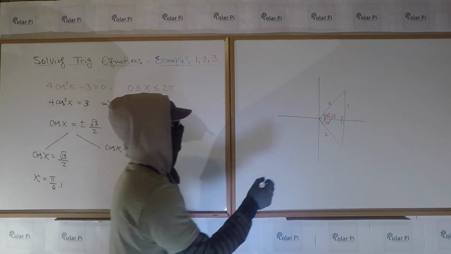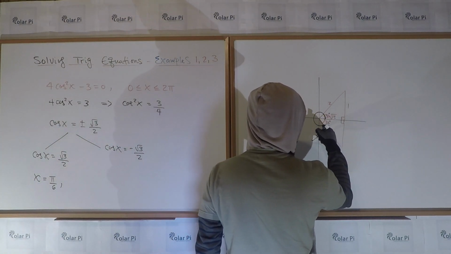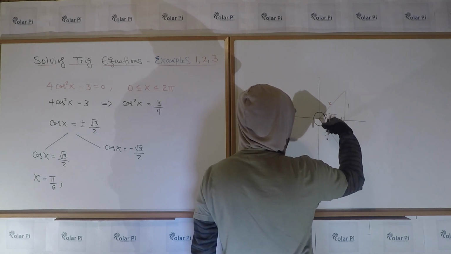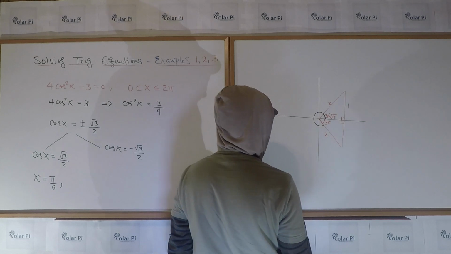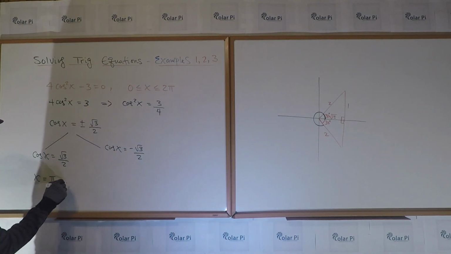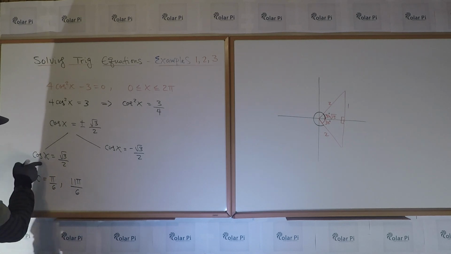And then the second one, again, we start with the positive x and go around, we encounter this. So even though the reference angle here in the 4th quadrant is 30, the actual angle is 30 shy of 360, so that's 330. But 330 is 11 times 30, so that's 11 pi over 6. So these are the 2 answers for that.